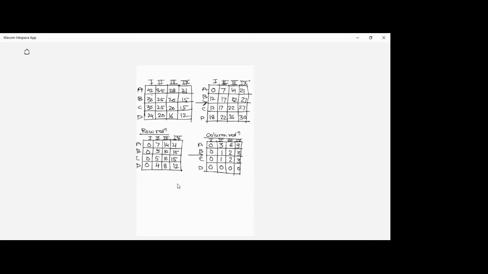Doing the row and column scanning, what you will be getting is this particular thing. Here we have only one 0 in row number A, so we can make a square on this 0 and draw a vertical line. In row B it is not possible, row C it is not possible, and row D again it is not possible, right? Now let's move to the column scanning.